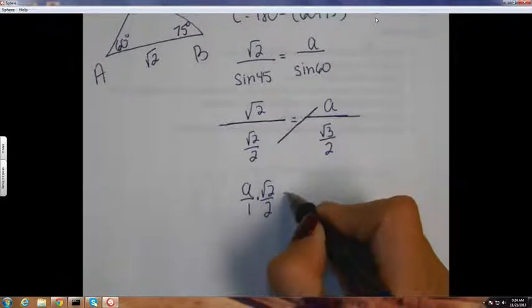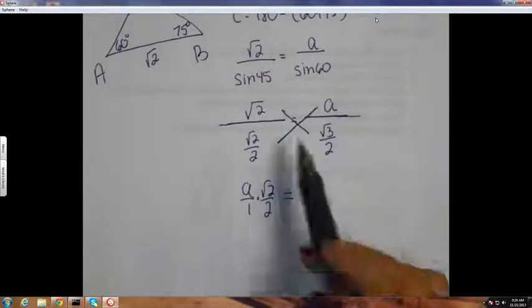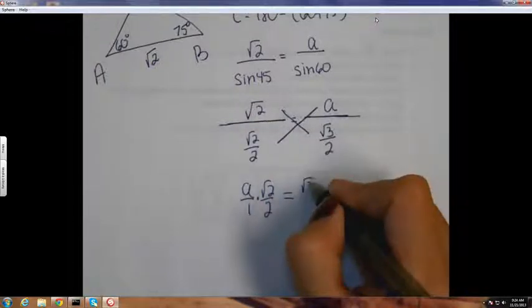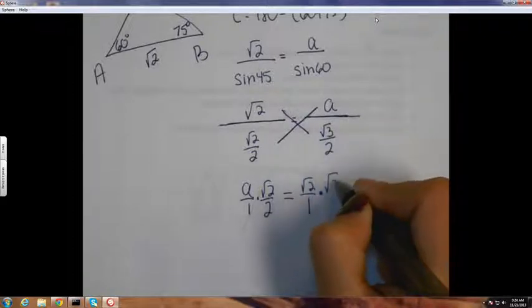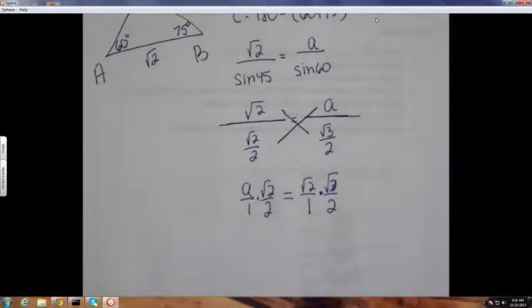That cross product has to equal this cross product. So I'm going to make the square root of 2, square root of 2 over 1, times square root of 3 over 2. And I'm not going to multiply anything together yet. So far, so good? All I did was cross products, but I didn't even multiply anything. I just wrote them down.